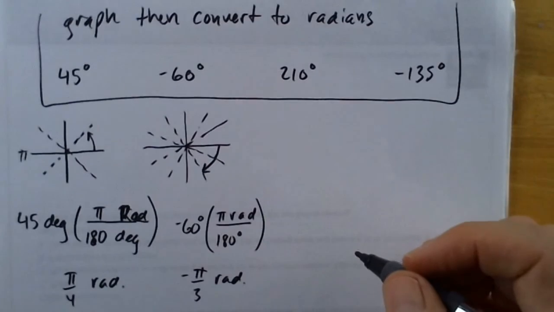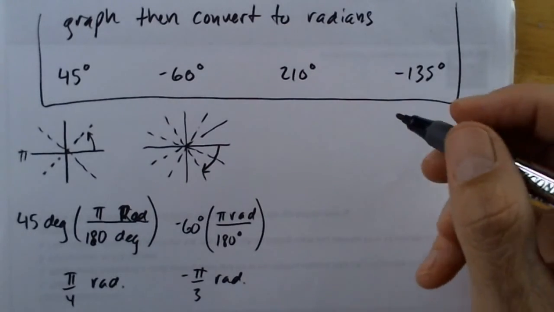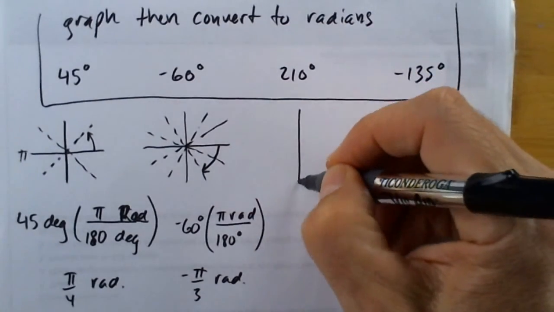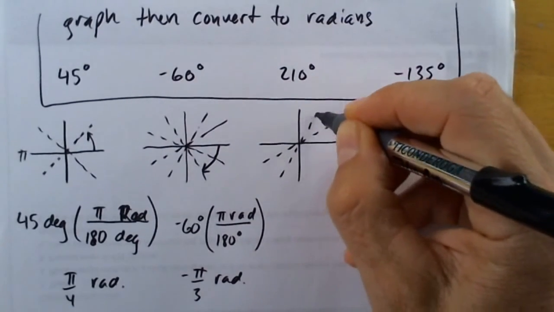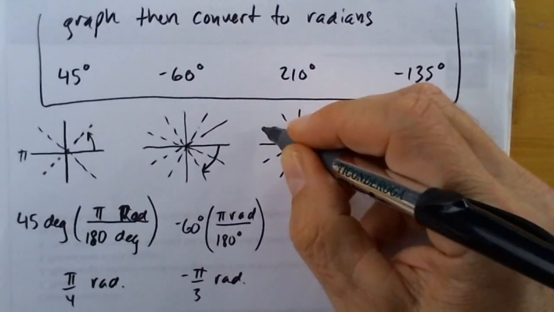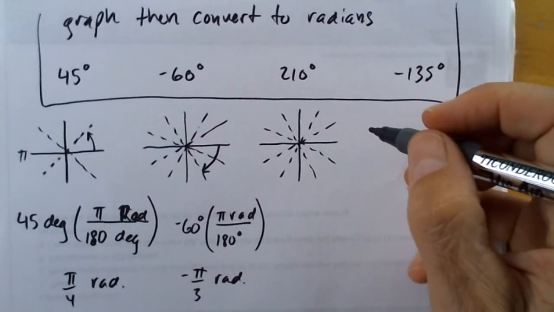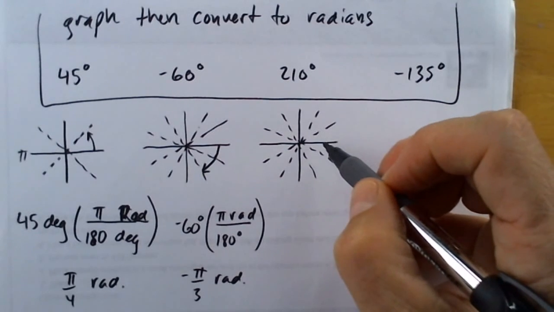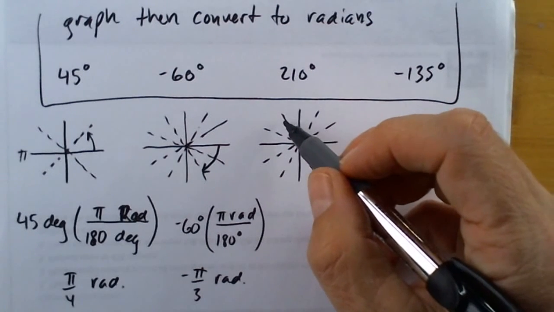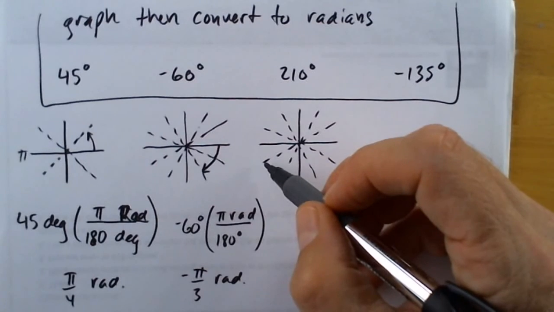Okay, pause and try the next two. And we have 210, so if we count by 30, 30, 60, 90, 120, 150, 180, 210.